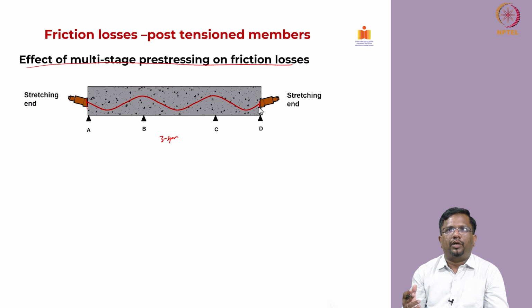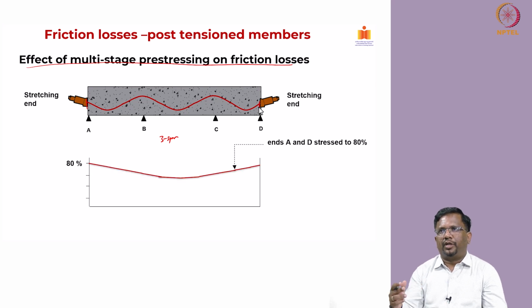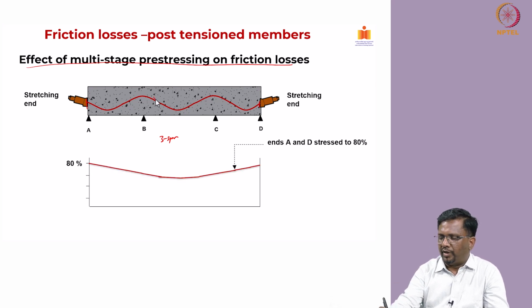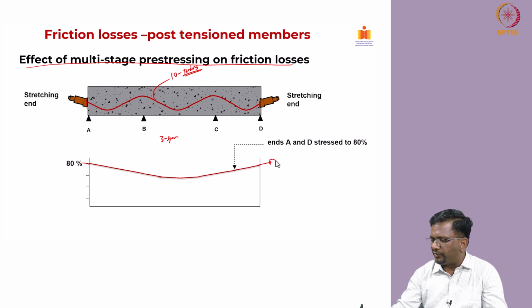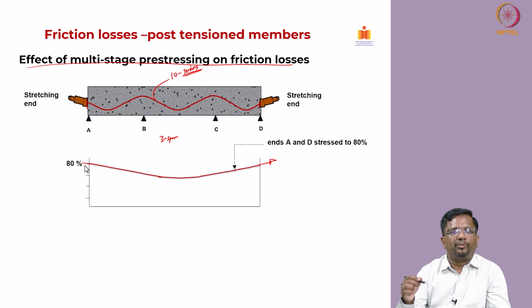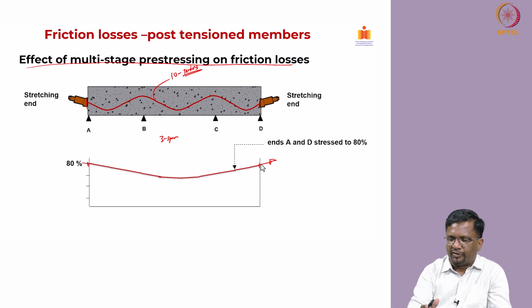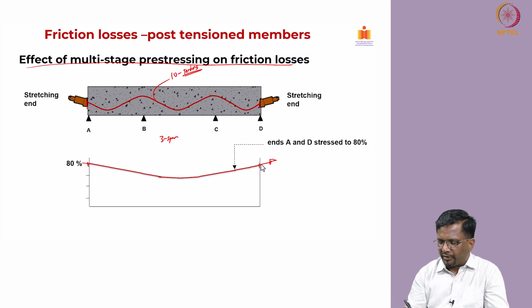So, typically what we do here is, let us say I have 10 tendons. 5 tendons I stretch from this side, 5 tendons I stretch from this side. Let us say I am stretching to 80%. So, this is 80% and this is 80%, because now I am stretching 5 cables from this side and 5 cables from this side. So, you will have a force like this, and then it will come and go like this. So, at the middle you will have the least stress.